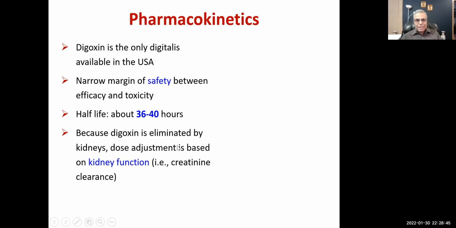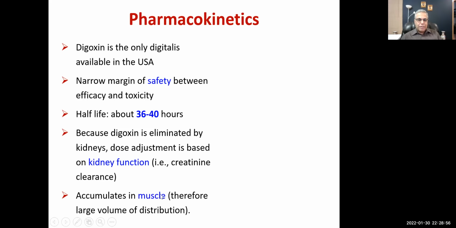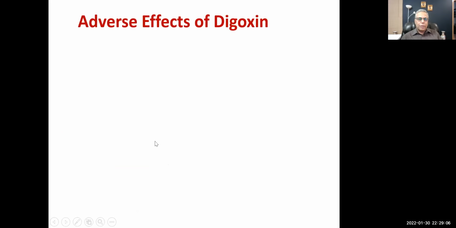Because digoxin is eliminated by kidneys, dose adjustment is based on kidney function, creatinine clearance or GFR, okay? It accumulates in muscles, therefore it has a large volume of distribution. Volume of distribution, we never use that clinically, so that is not important.